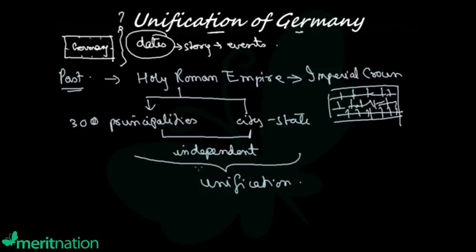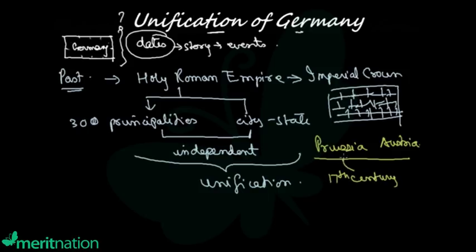Now what happened is that out of these many principalities and city-states, there were two powers which were really very strong. That was Prussia and Austria. So now we come to the 17th century. By the 17th century, Prussia and Austria were trying to expand their territories.